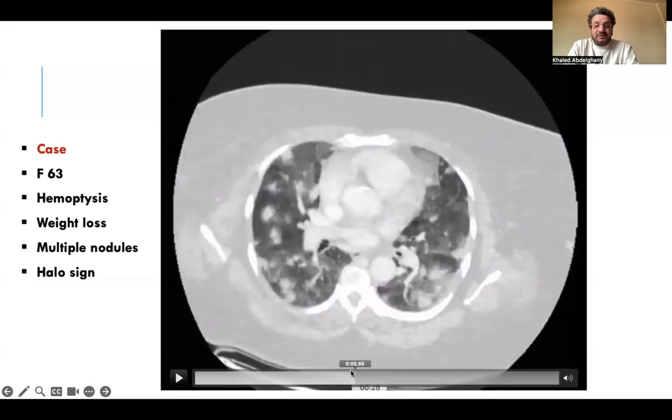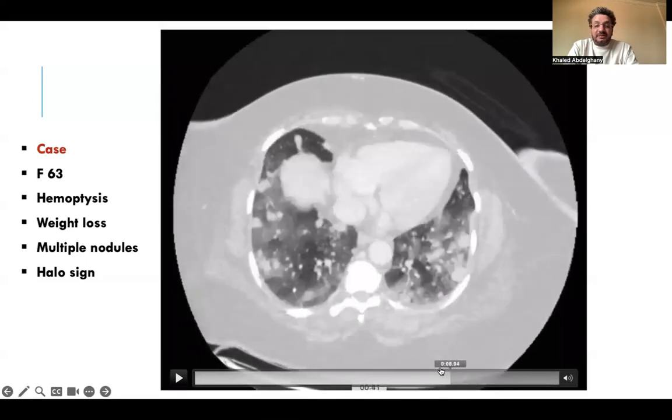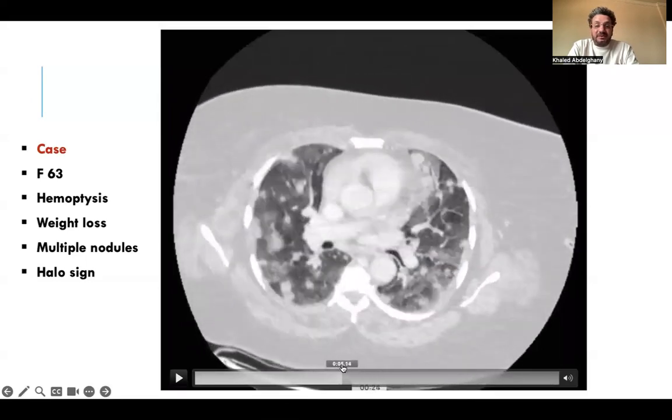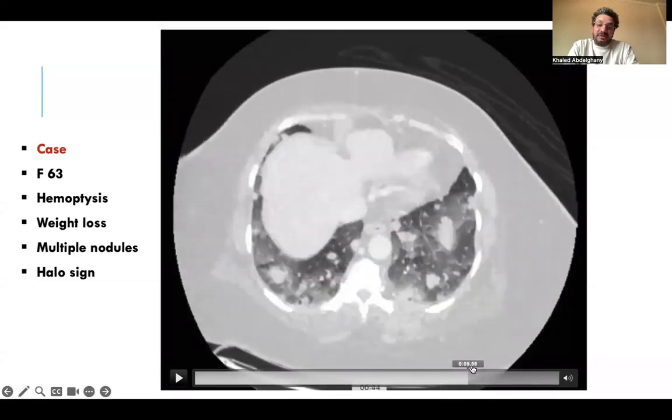In perilymphatic distribution, nodules will be more along the interstitium, bronchovascular interstitium, interlobular interstitium, which is not the case here.